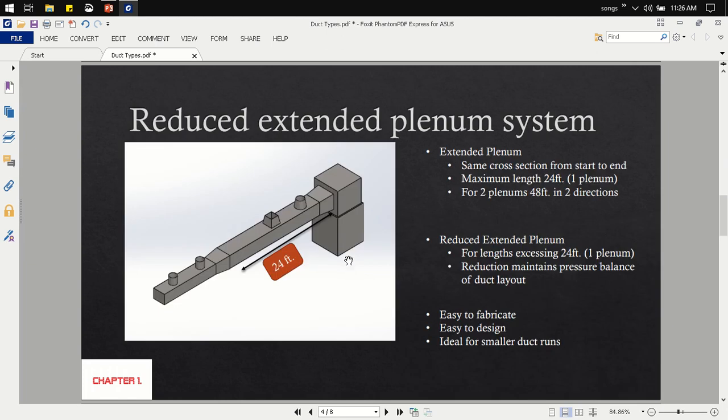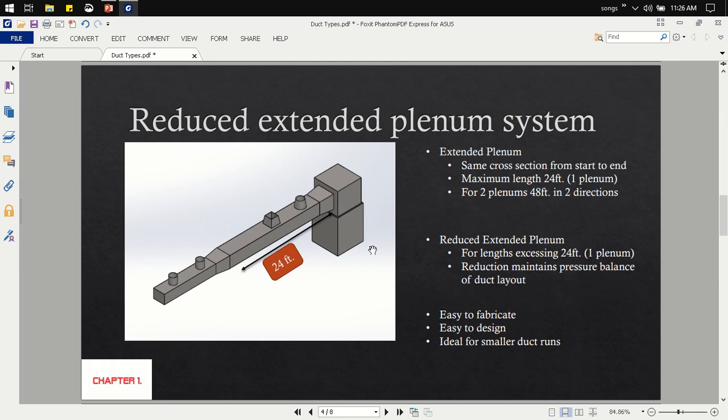So we will identify our first configuration, the extended plenum system, and the reduced extended plenum system. First, I will introduce the extended plenum duct system. The basic idea is that it has the same cross section from start to end.